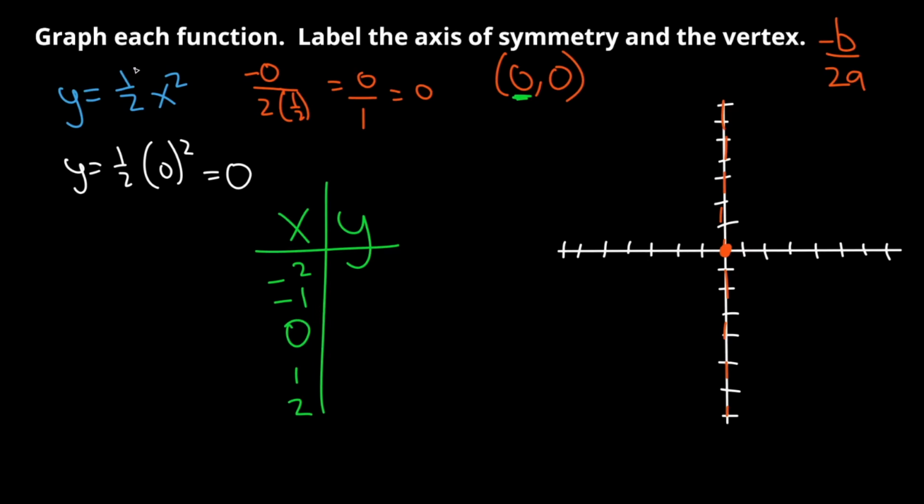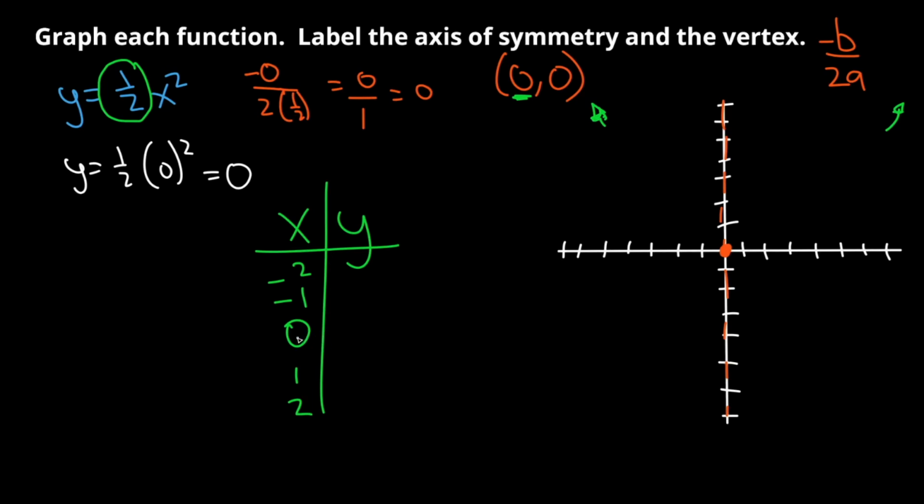Also, I want to look at the sign in front of this leading coefficient. It's positive, so I know my graph is going to be moving in the upward direction.